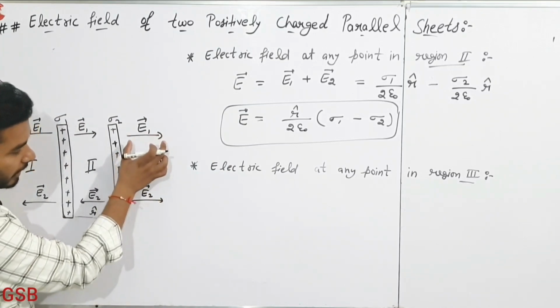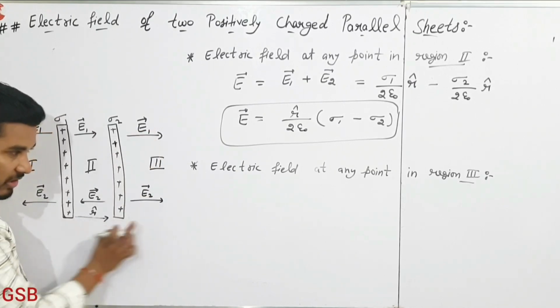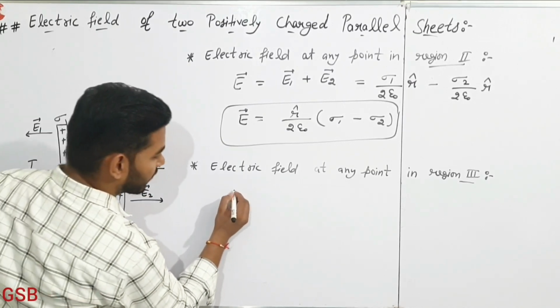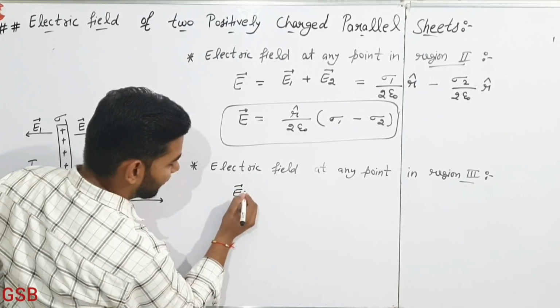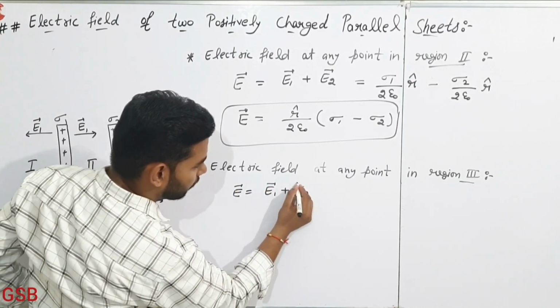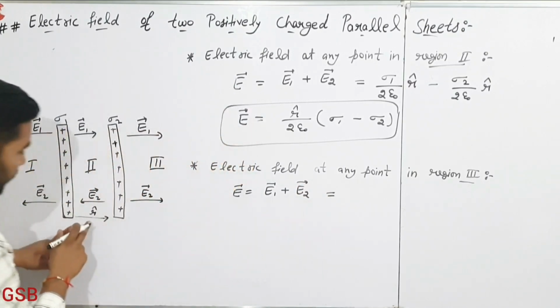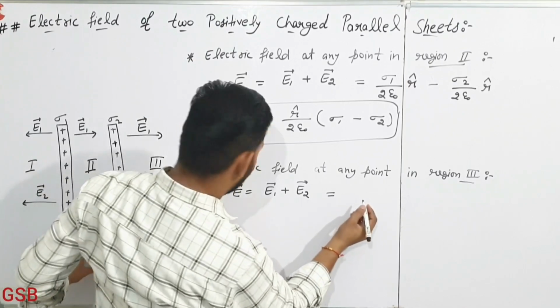We know that E1 and E2 have the same direction, and it is also in the direction of the unit vector. So the total electric field is given as E1 plus E2 according to the superposition principle. Put the values of E1. E1 is in the direction of R vector, the R unit vector.